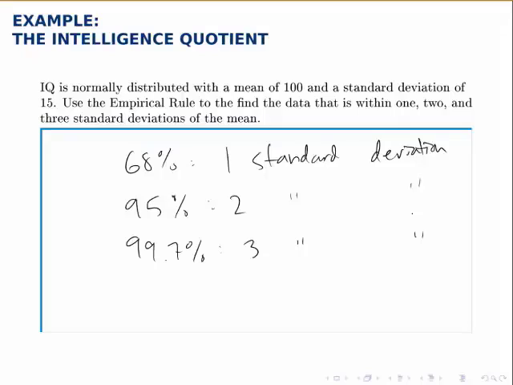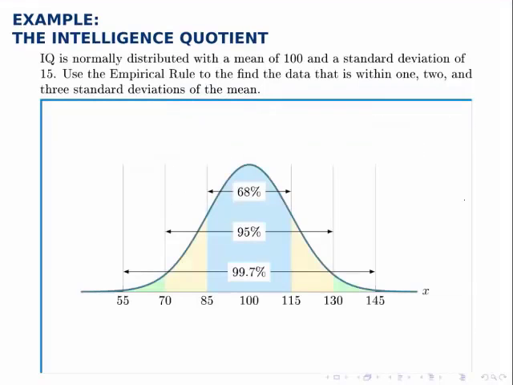So 68% of the data, in other words, 68% of people will have an IQ score between 85 and 115. 95% of people will have an IQ score between 70 and 130, and almost everyone will have an IQ score of between 55 and 145. Here we have a picture that illustrates this situation, where each unit on the axis is 1 standard deviation.